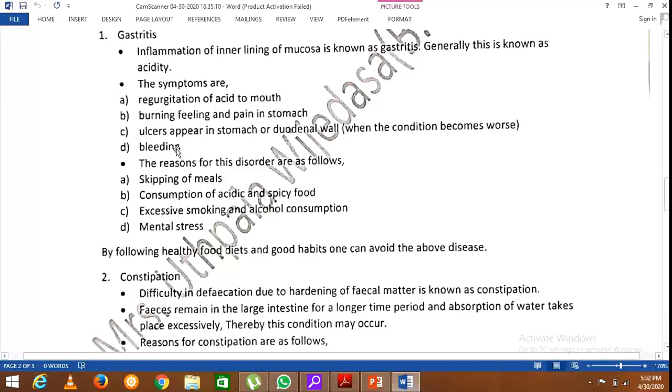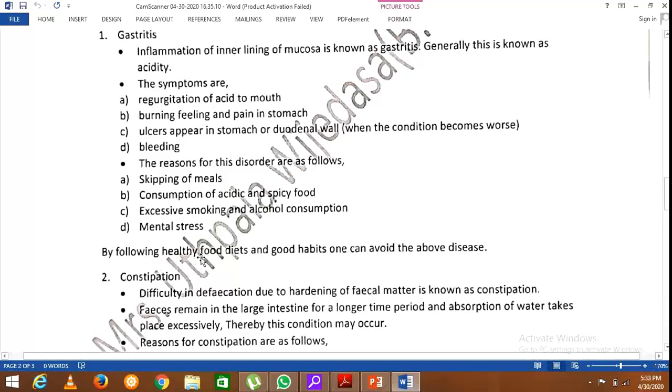The reasons for this disorder are skipping of meals, when you don't take your meals on time, and consuming acidic and spicy food frequently. Then excessive smoking and consumption of alcohol will also lead to this condition, and mental stress. Sometimes when you are under stress, you come up with gastritis. Therefore, you should have good mental health as well.